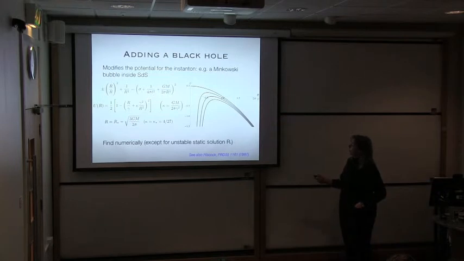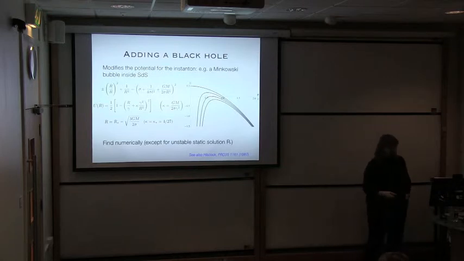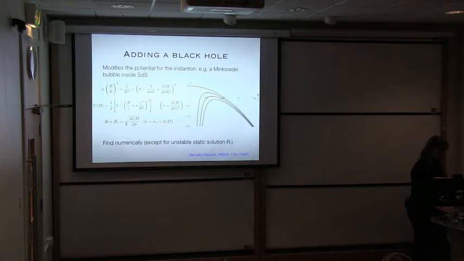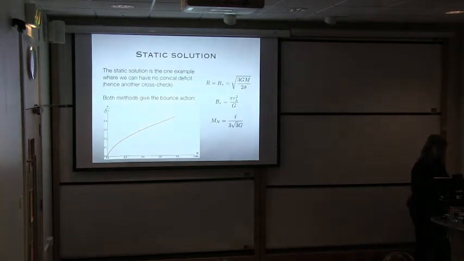And if you notice, the general solution, like the cosine and sine, is possibly periodic, but we have to find it numerically. But there's a very special solution here, just where the bubble's about to disappear, or the possibility of an instanton is going to disappear. And so there's an unstable static solution with a specific radius that you can find.